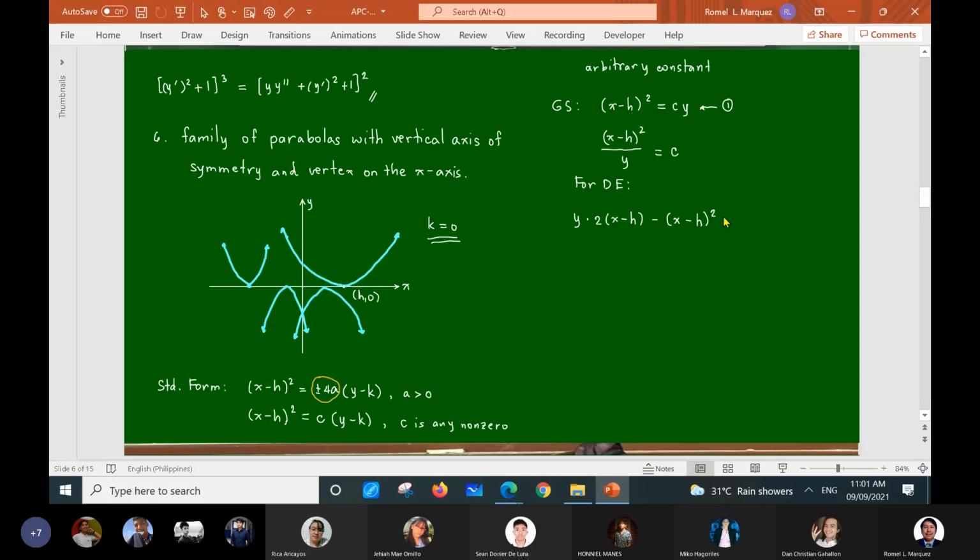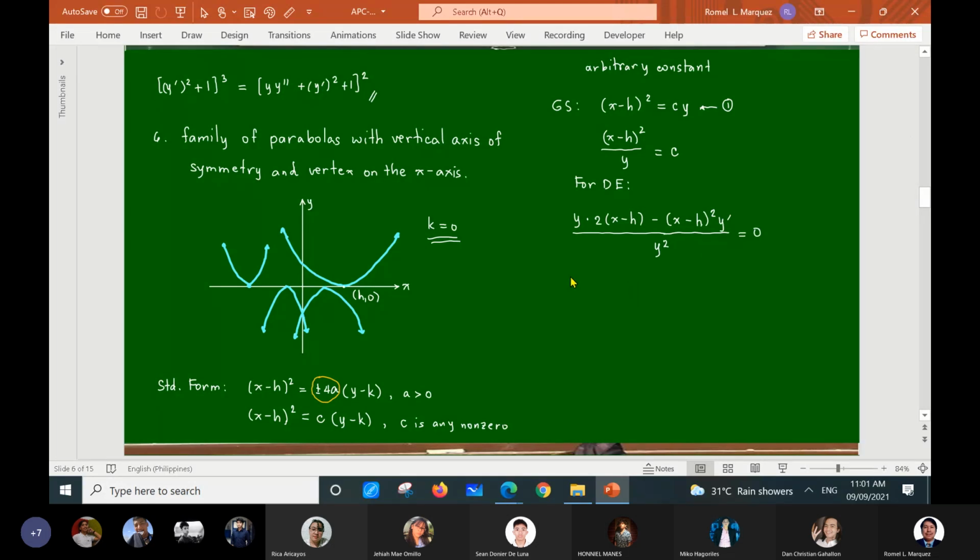Quantity squared, derivative of the denominator, y prime. Can you follow, guys? Yes. All over y squared, no? Square ng denominator equals 0. C is arbitrary. Okay? Ilang beses tayo magdi-differentiate? 2 times, no?